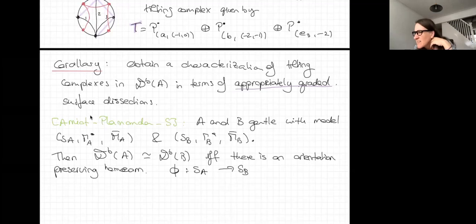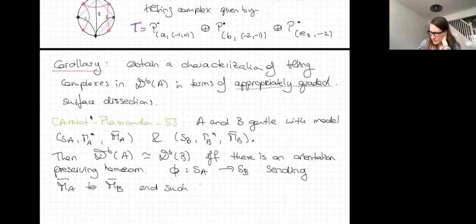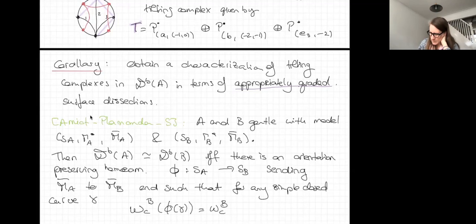But let me finish writing it. Sending MA to MB and such that for any simple closed curve, the winding numbers of the curves are equal.